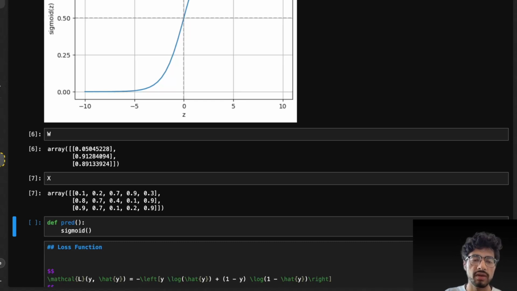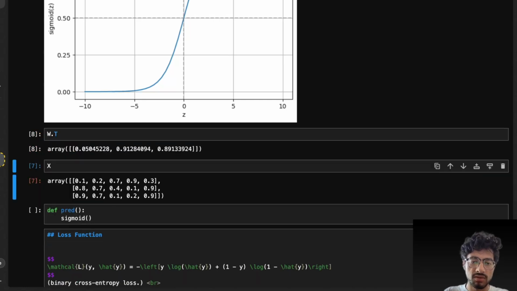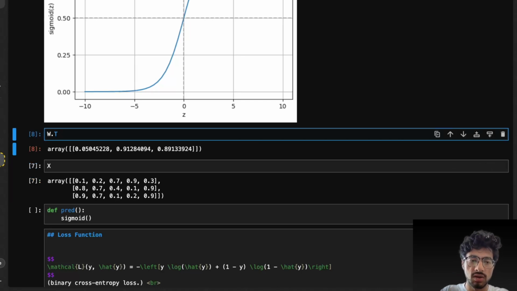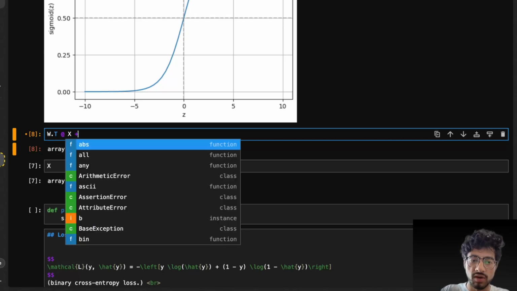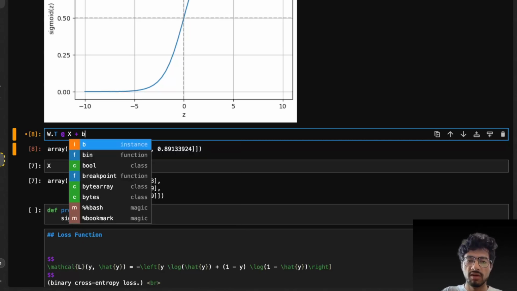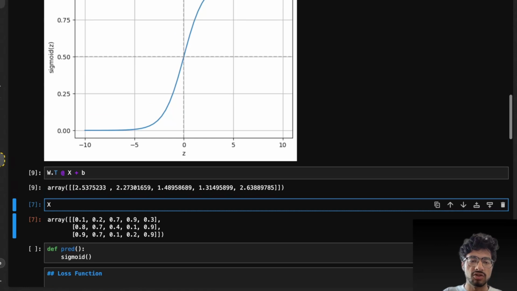So we want each of these weights to be multiplied with each of the features of the training example, and then add. As you know, in matrix multiplication, the rows of the first matrix are multiplied with the columns of the second matrix. So this thing should work out. And don't forget the bias, and it gave us five predictions as such.